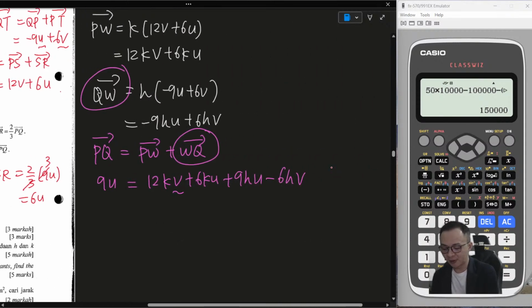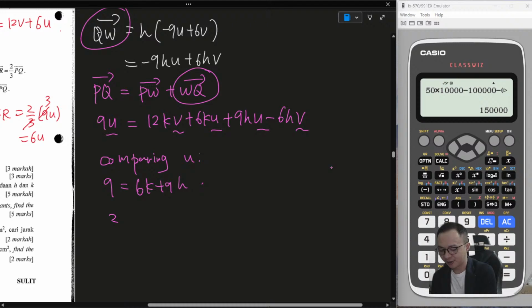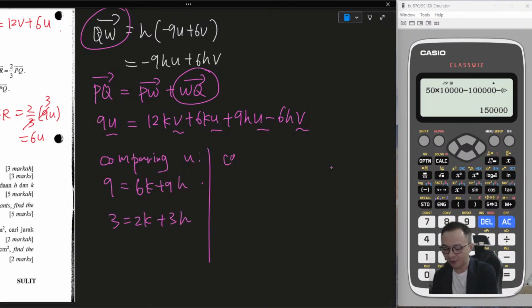Okay, so you can see we have a lot of U and V, so we will do comparing. First, comparing the U: here we have 9 on one side, the other side we have 6K plus 9H, divided by 3, so 2K plus 3H. Then I will compare the V. On my left hand side I don't see any V, so it is 0. On my right hand side I see 12KV minus 6HV.